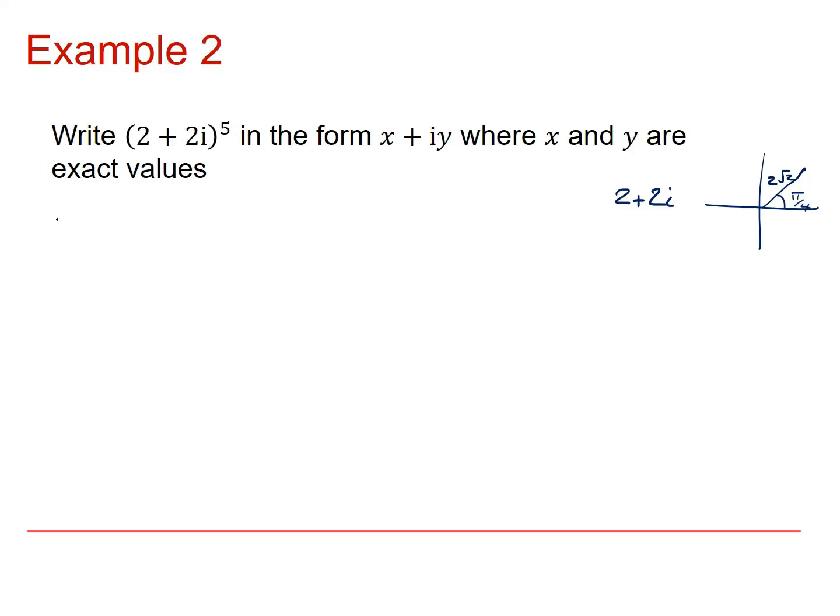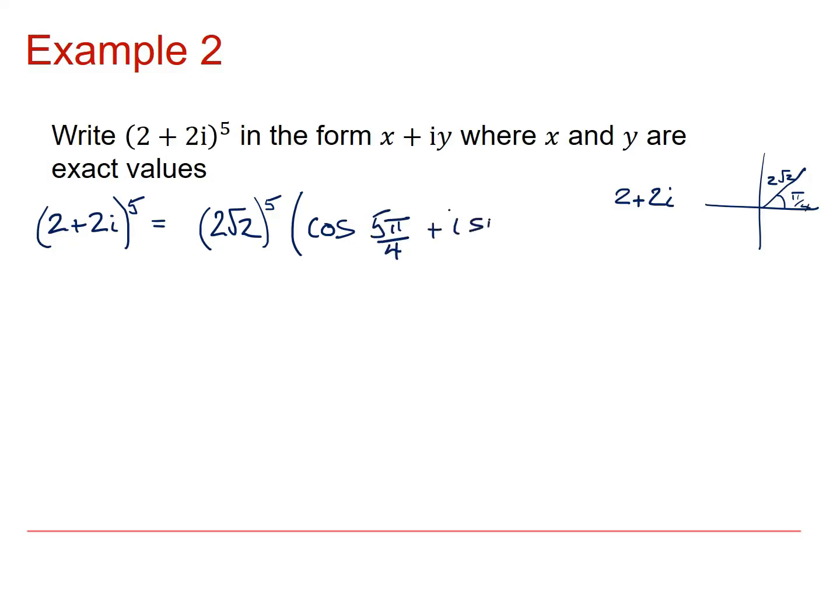So I can rewrite this, that's 2 plus 2i to the 5, as 2 root 2 to the power 5 times cos of 5 pi by 4 plus I sine 5 pi by 4. Well, that's going to give me 2 to the 5 is 32. Root 2 to the power 5 is going to give me 4 root 2.